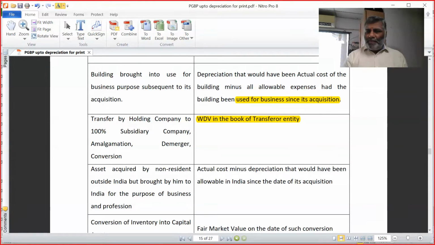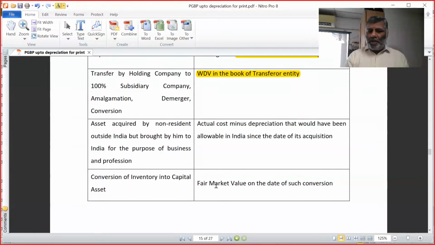This is the case we just worked out. Asset acquired by non-resident but brought into India for purpose of business, that's what we worked out. Conversion of stock into asset, yesterday we saw, wherever it is getting converted, it is treated as sale. It is treated as business income under section 28. So they will record the fair market value as the sale value, as income, and that becomes the cost of the asset.